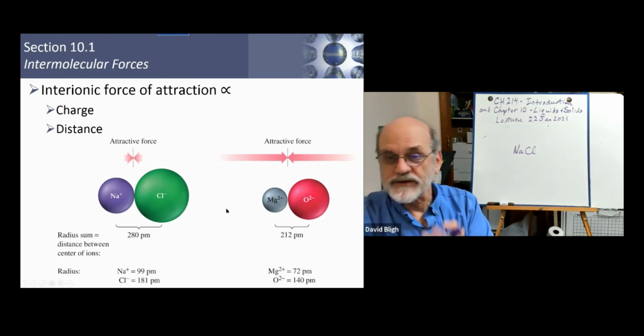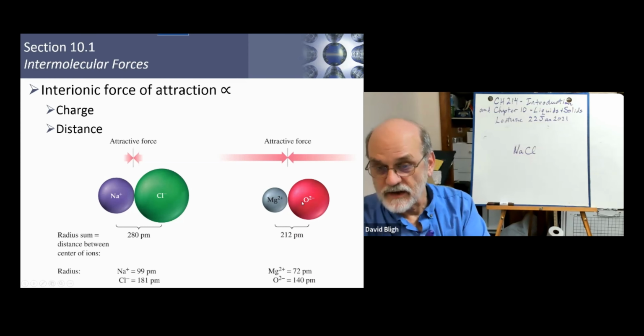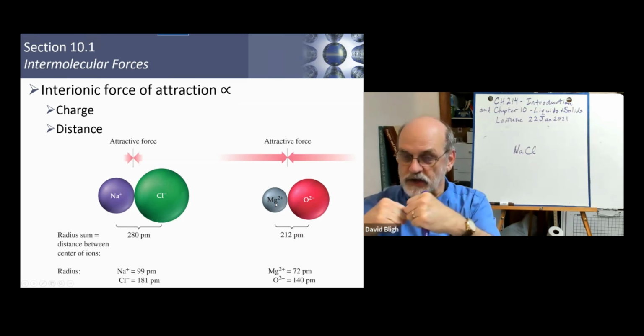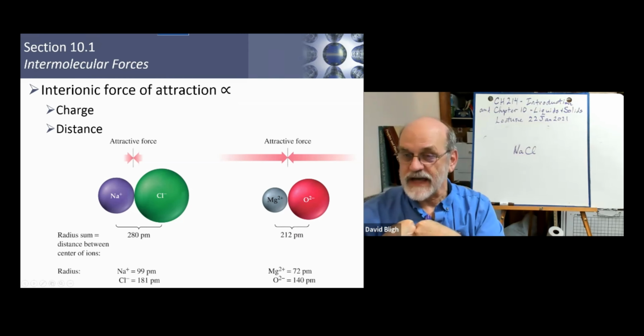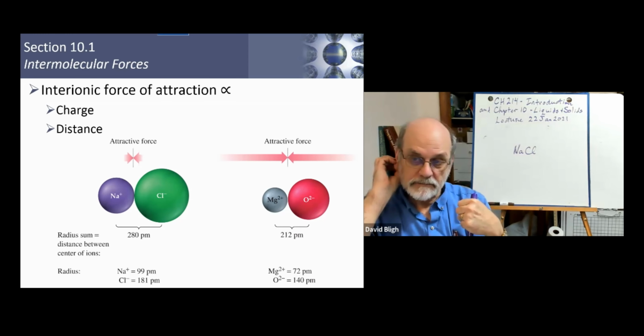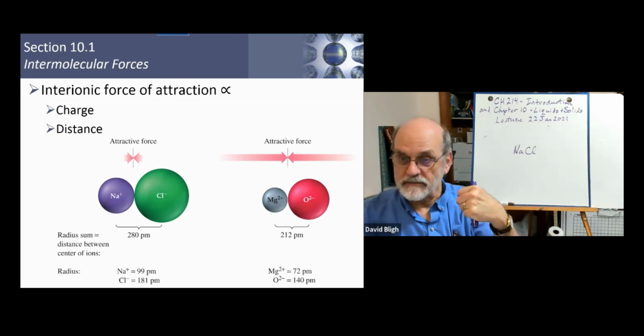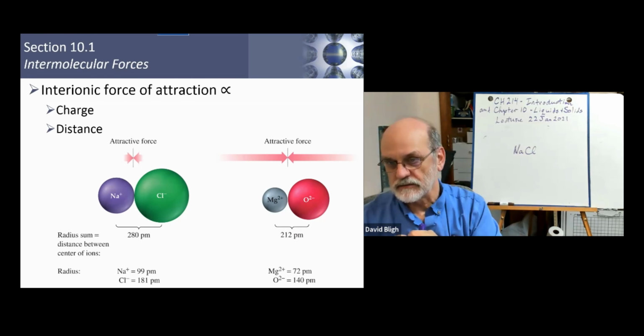And the other thing is, what's the distance between the ions? What's the radius of each of these ions? If they're both small, then you can get those ions closer together. And remember, electrostatic attraction is proportional to the size of the charge and inversely proportional to the square of the distance between the two.